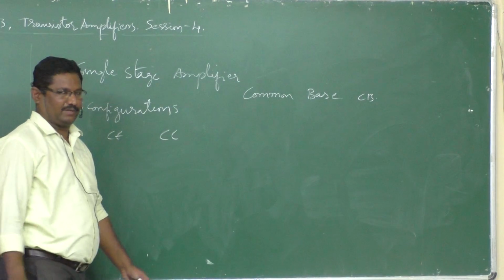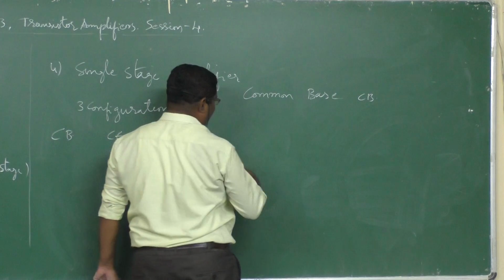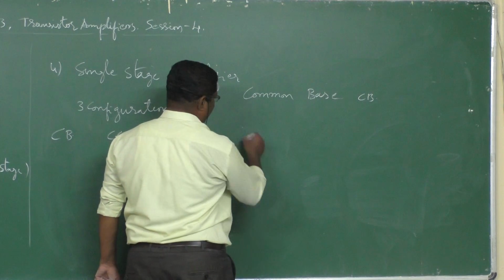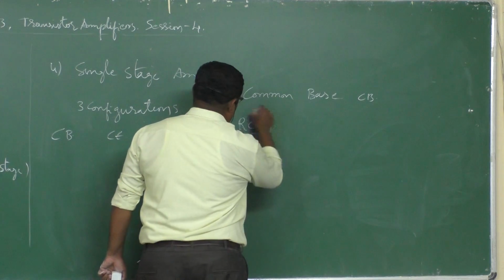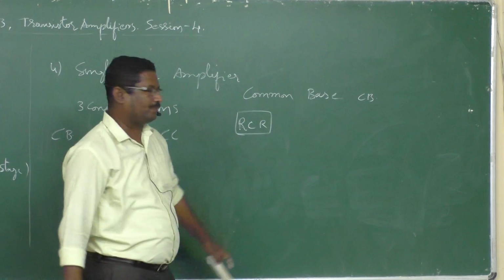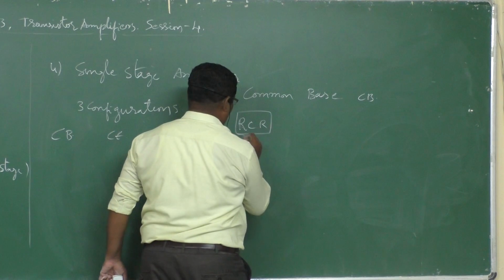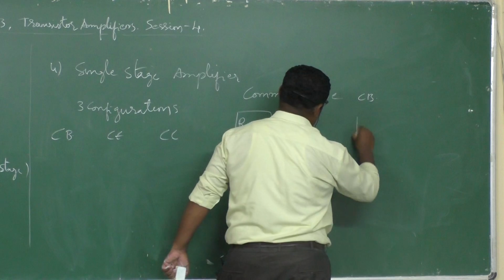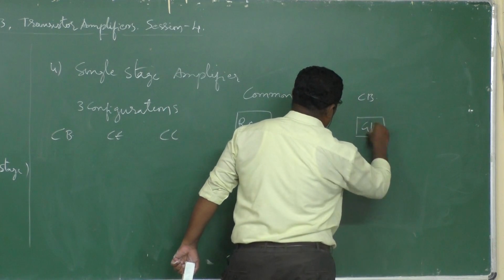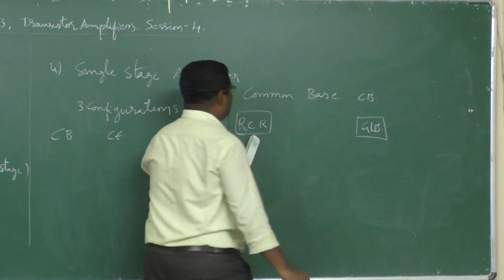What do you mean by common? Common means, for example, I am here in Raichur, RCR, and I want to go to Gulbarga, GLB. This is the source or origin point, and my destination is Gulbarga.